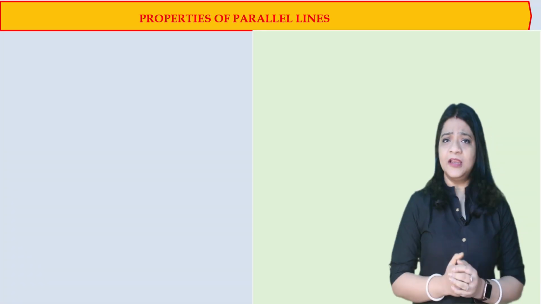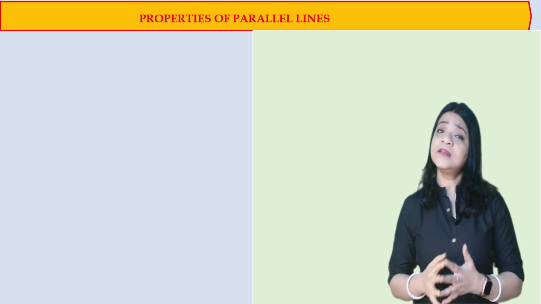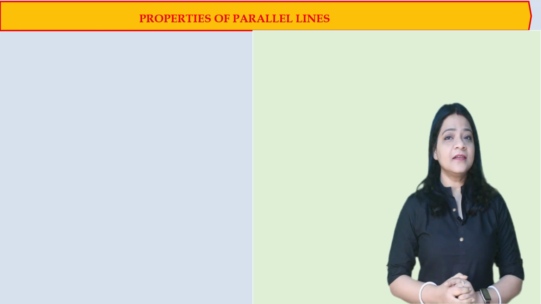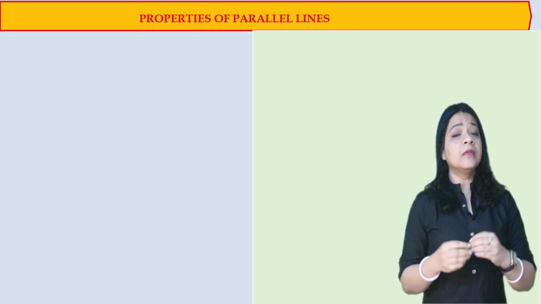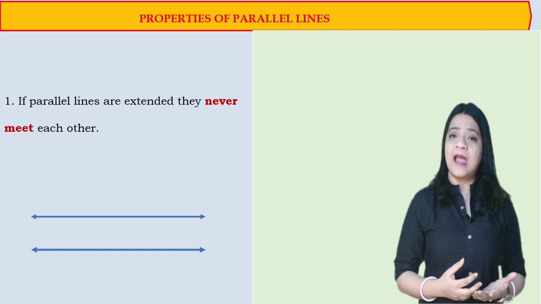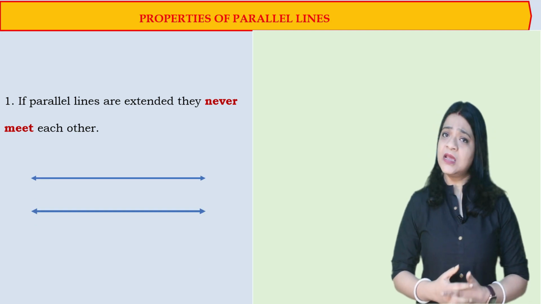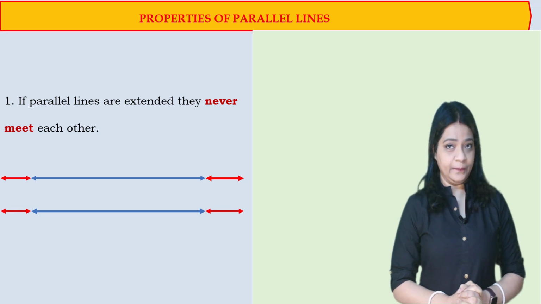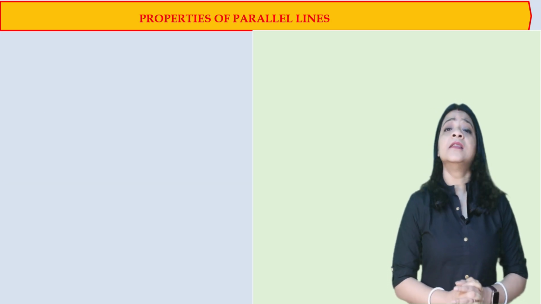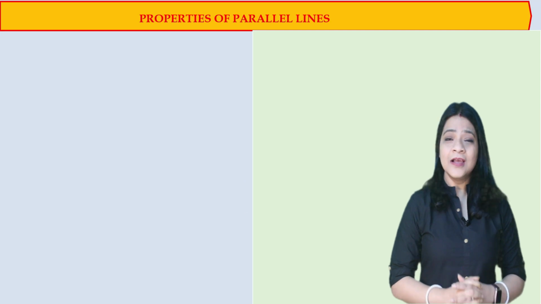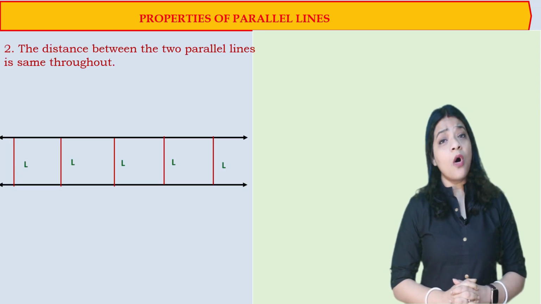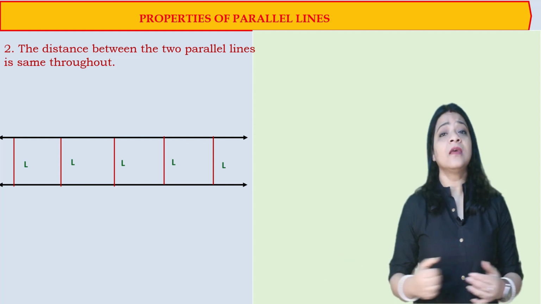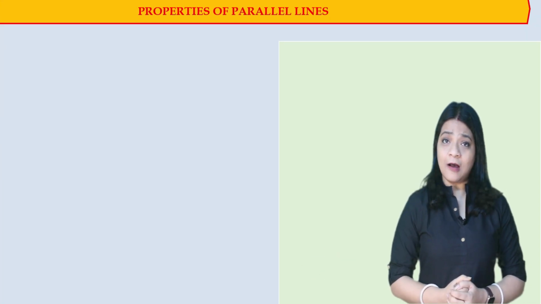With the definition, several characteristics of parallel lines come into view. The first characteristic is that if you extend the parallel lines in either direction, they will never intersect each other at a point. Second, the distance between two parallel lines will always be equal, no matter how much length the parallel lines cover.